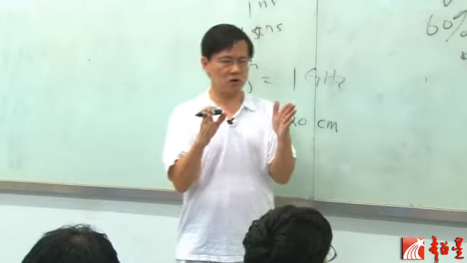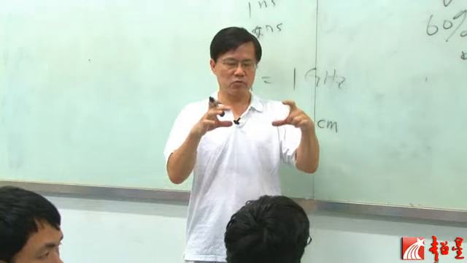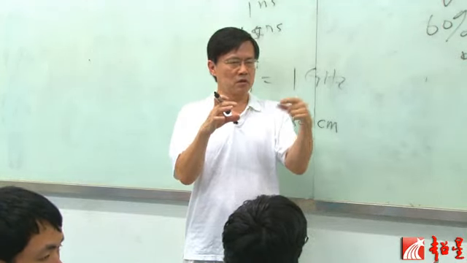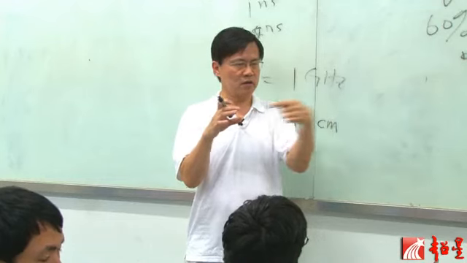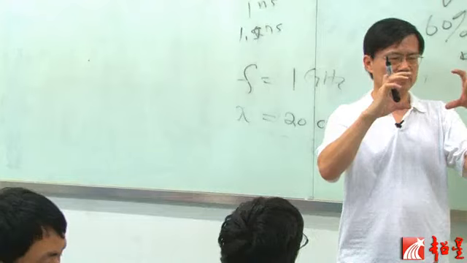Which is about this long. If this is your wavelength, your printed circuit board is a very long line, right? If they sell a printed circuit board this big, that's one wavelength long.